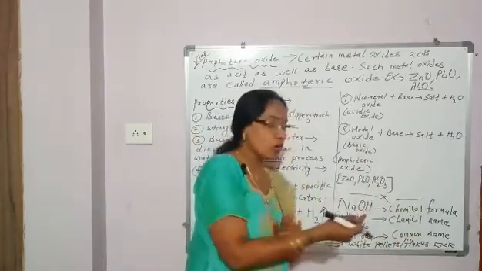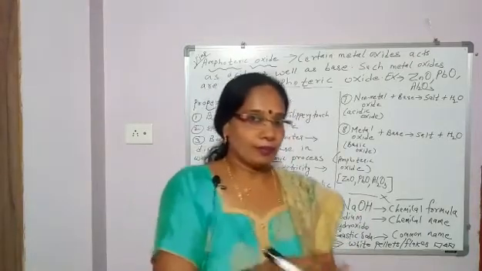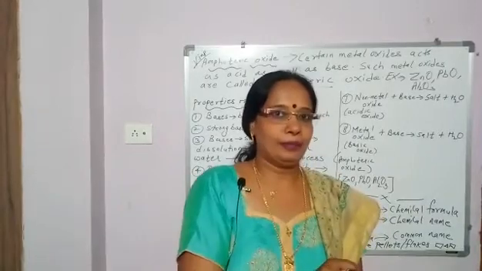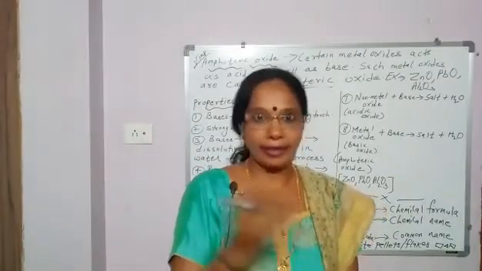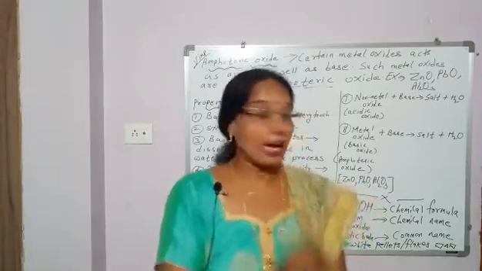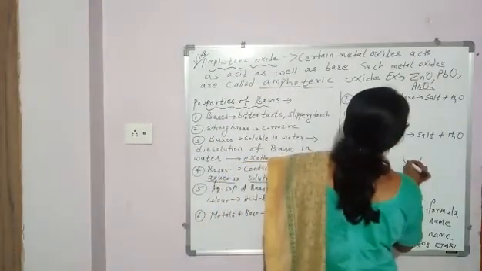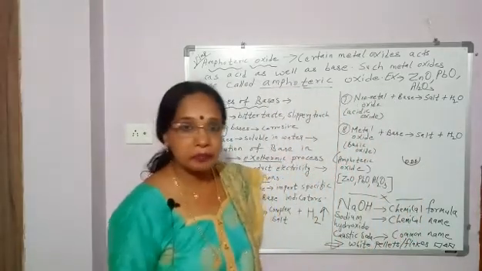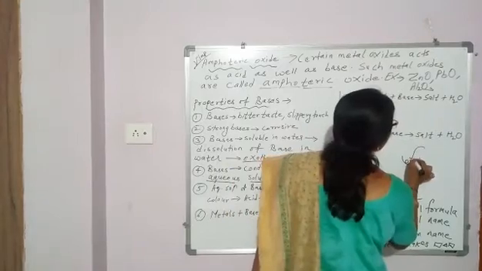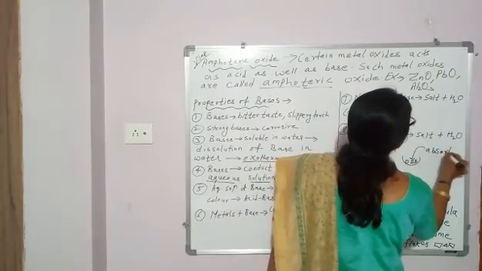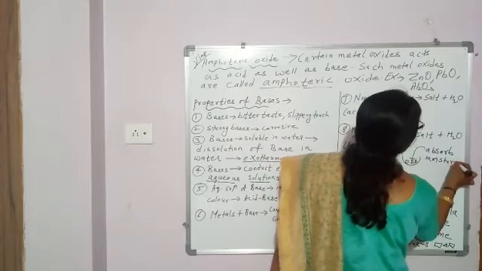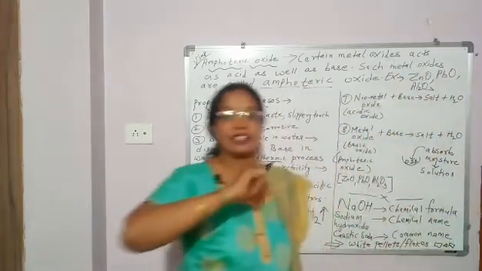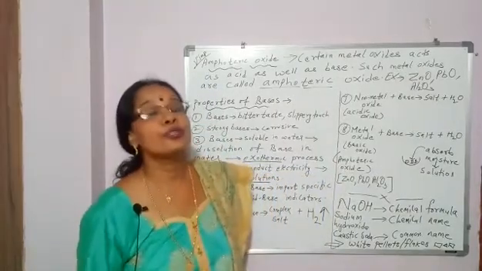Okay. And this sodium hydroxide, if you open it, take a few pieces of these white pellets in a watch glass, and keep it exposed to air, what will happen? It will absorb moisture and it will turn into solution.